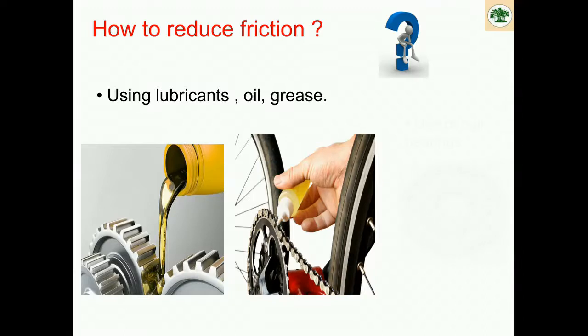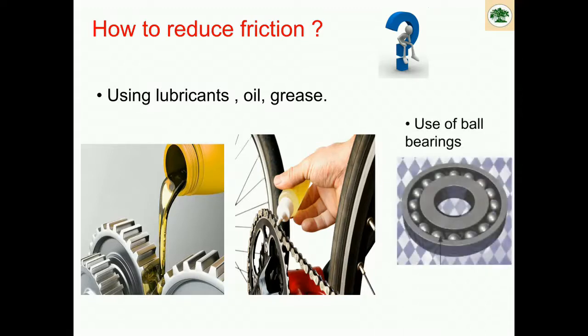We can use ball bearings in between the rotating or moving parts of machines. In this way we can reduce friction. Hence we call friction an unnecessary evil. Though there are certain disadvantages, friction is necessary for certain activities.